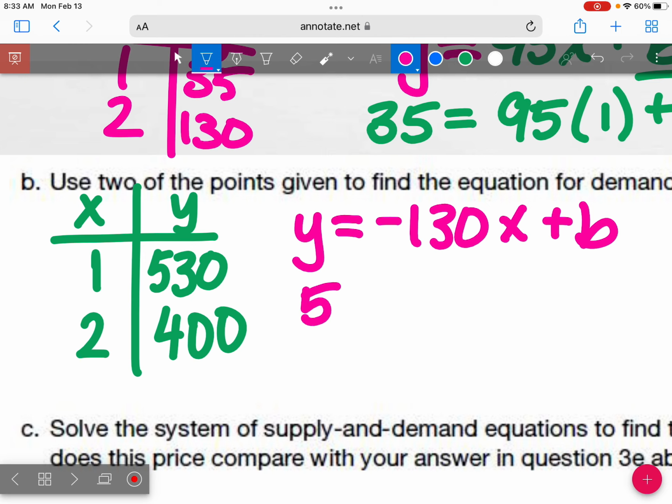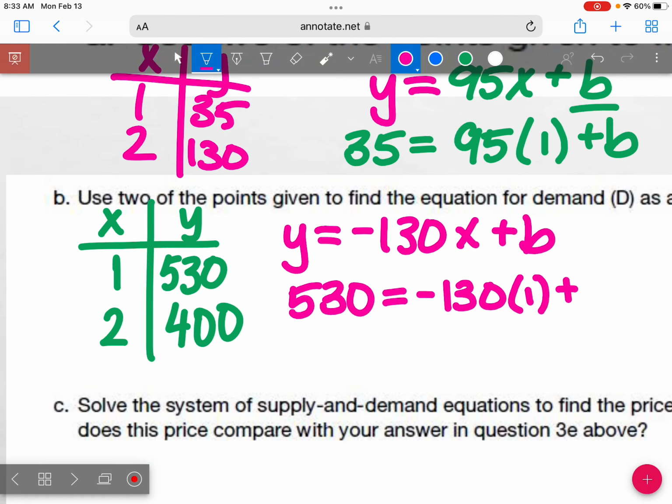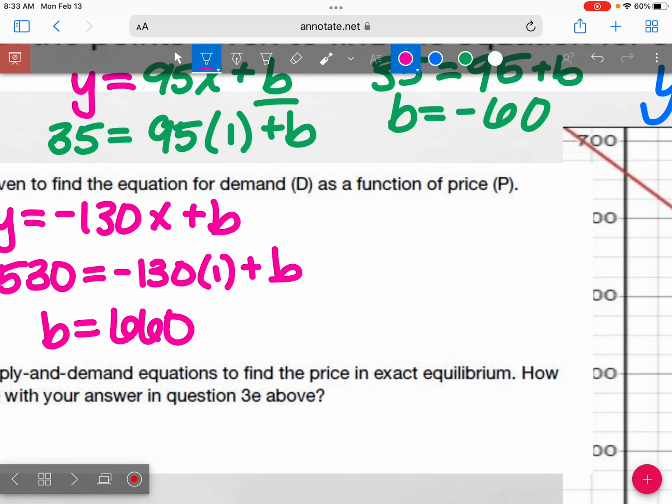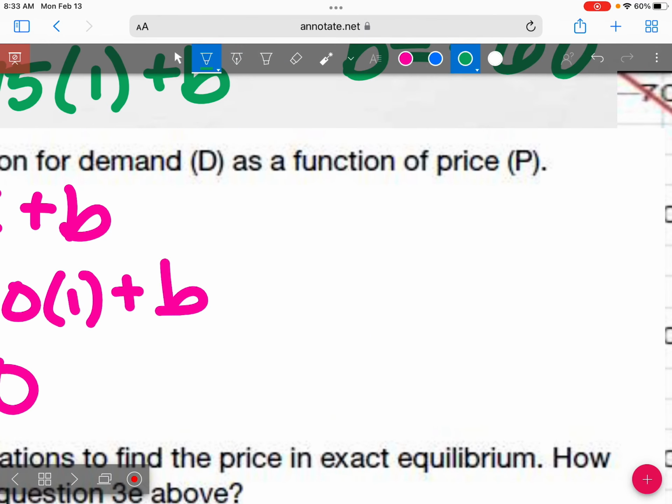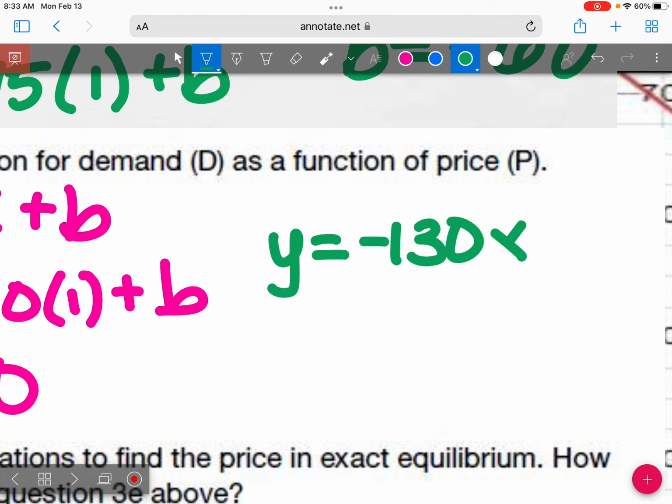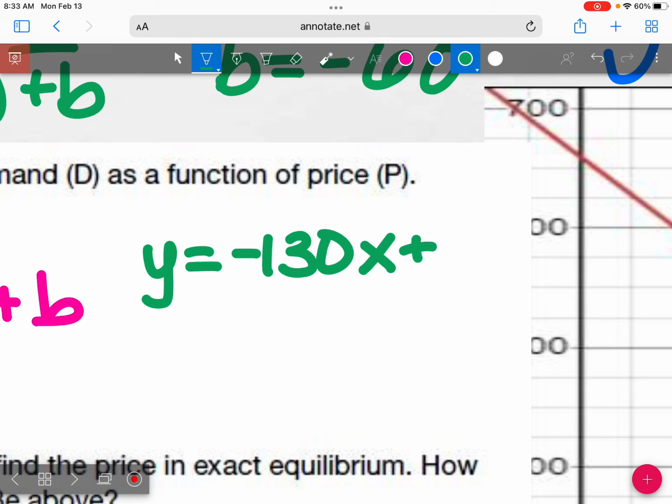So we plug in 530 for our y equals -130 times 1 plus b. And what did you get for b? 660. So what's our final equation for demand? Yeah, plus 660.